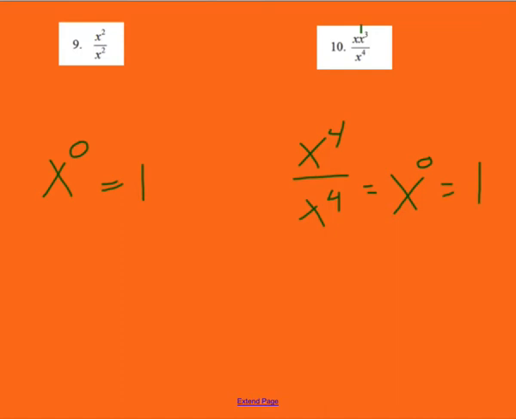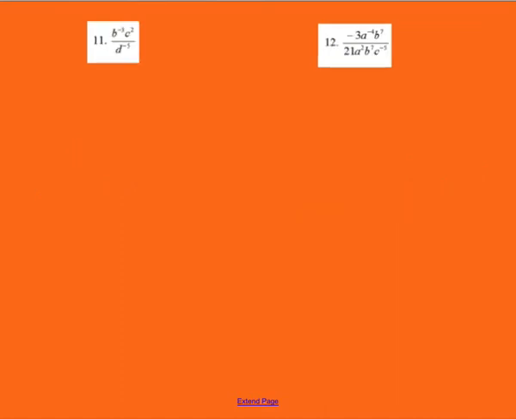Okay, next, let's take a look at number 11. For number 11, we have a lot of negative exponents. Recall that whenever you have a negative exponent, you need to flip where it's located. So I'm going to take this b to the negative 3 and flip it downward. I'm going to take this d to the negative 5 and flip it upward. I'm going to keep that c squared exactly where it is because it doesn't have a negative exponent.